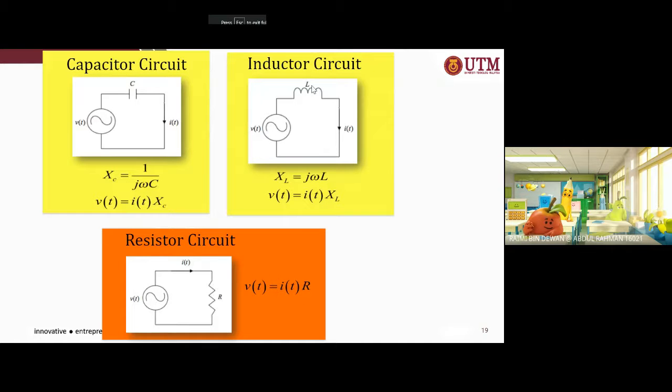And then you can see Xc is the reactance, which is 1 over j omega c. This one you can regard just like an impedance.